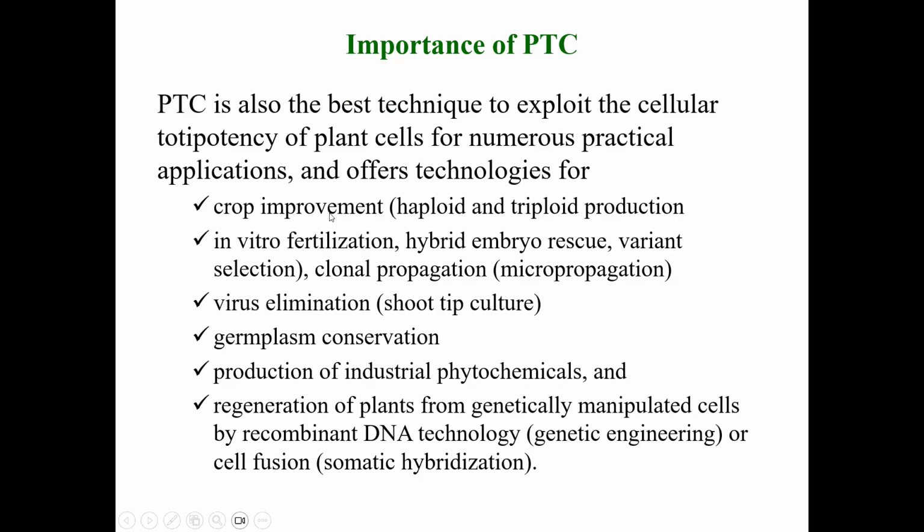This is very important. Crop improvement, that is improving the traits of a plant, for example, making haploid, triploid, in vitro fertilization, hybrid embryo rescue, variant selection, clonal propagation, or micropropagation, or even genetic engineering.